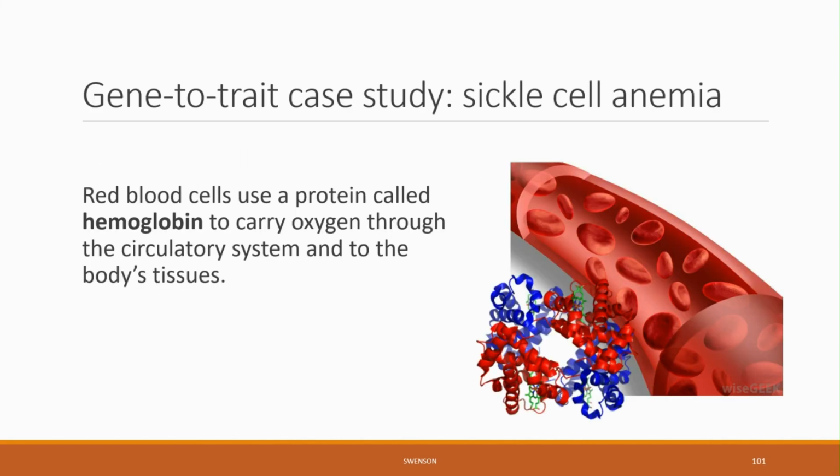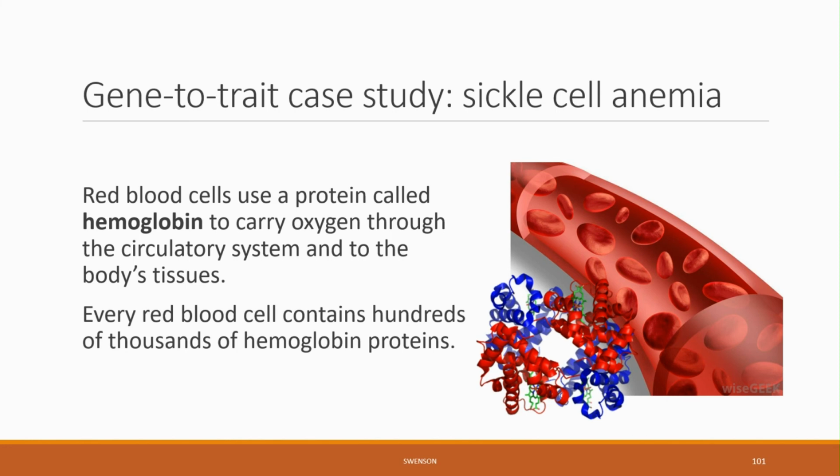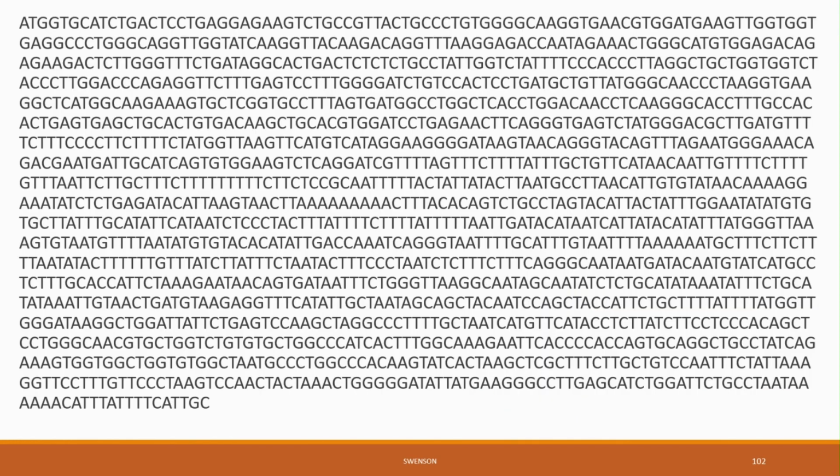Sickle cell anemia is an example of an inherited mutation in the protein called hemoglobin. This protein is responsible for carrying oxygen through the circulatory system to the body's varying tissues. This is the sequence for normal hemoglobin subunit. And the sickle cell allele has a substitution of an A for a T right here.